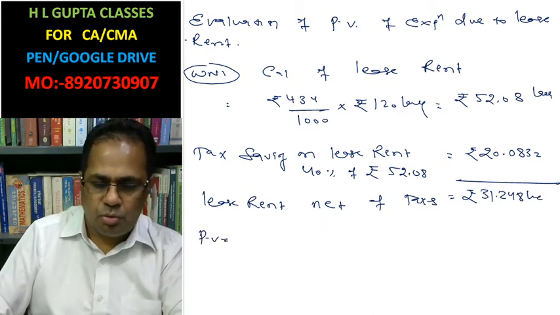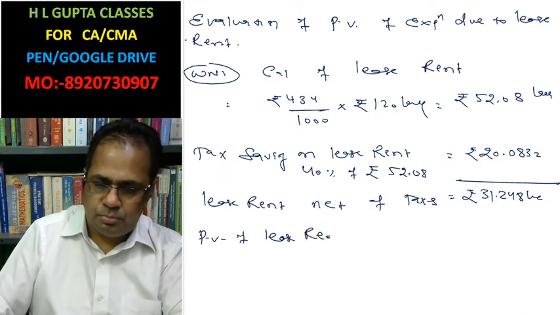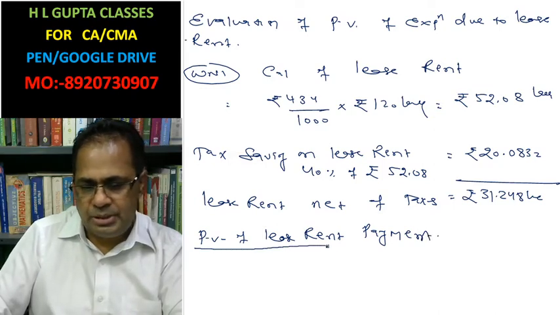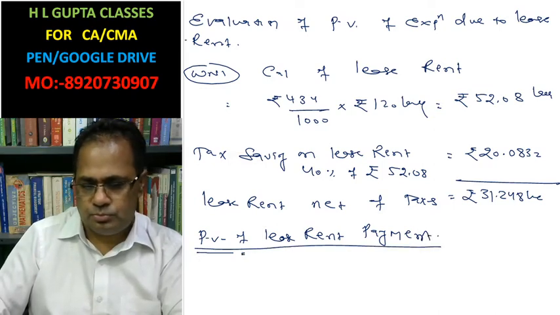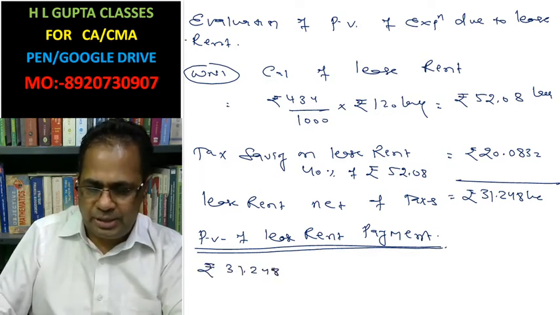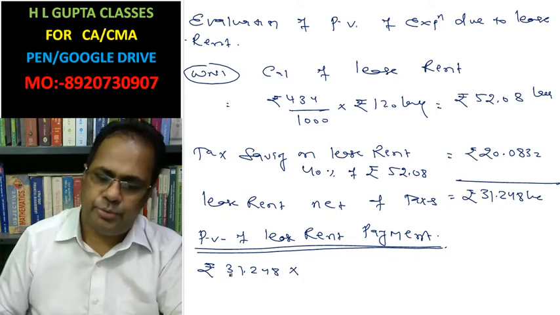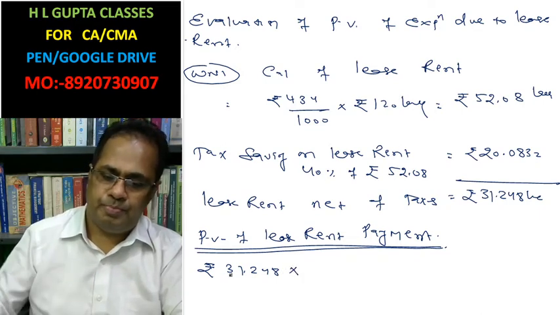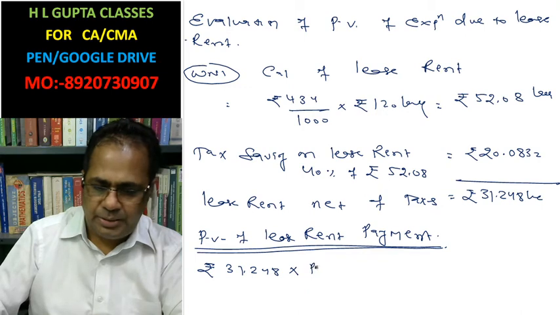Present value of lease rent payment. Look at it, you are going to pay 31.248 into the present value annuity factor at 11%.